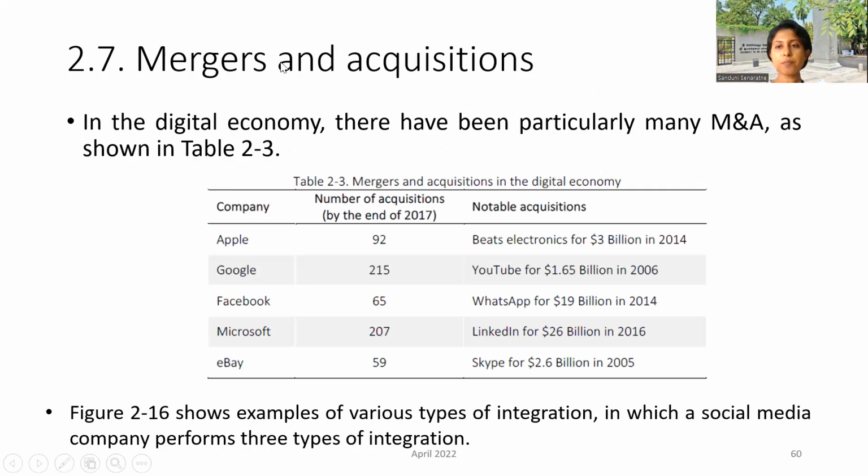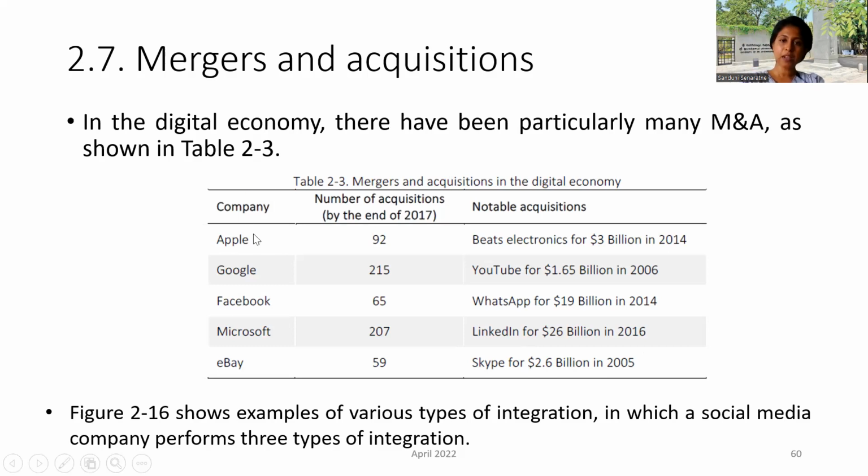Then moving on, here it says, in the digital economy, there have been particularly many mergers and acquisitions as shown in table 2.3. Here we have listed out a few popular mergers and acquisitions that happened down the history.